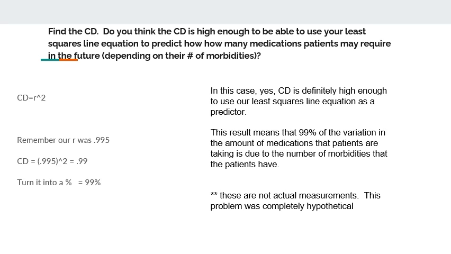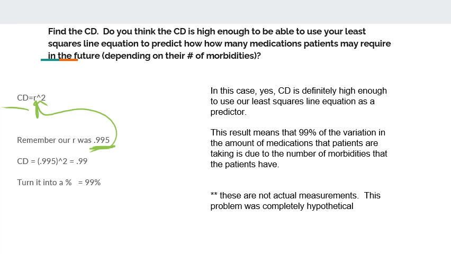To calculate the CD, all you have to do is plug in your R. Remember our R was 0.995. We plug that into this equation, and all that equation is doing is squaring it.